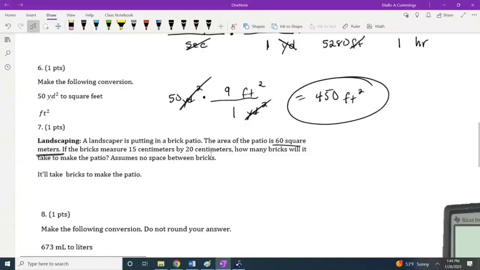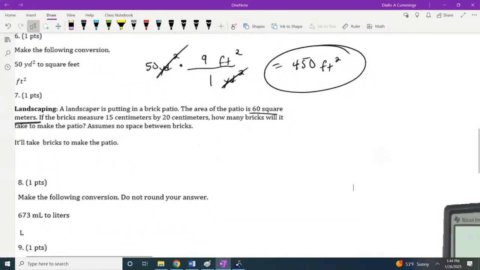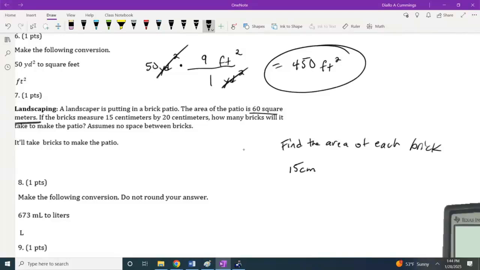If a brick measures 15 centimeters by 20 centimeters, and here I want to find the area of each brick. So 15 centimeters times 20 centimeters.